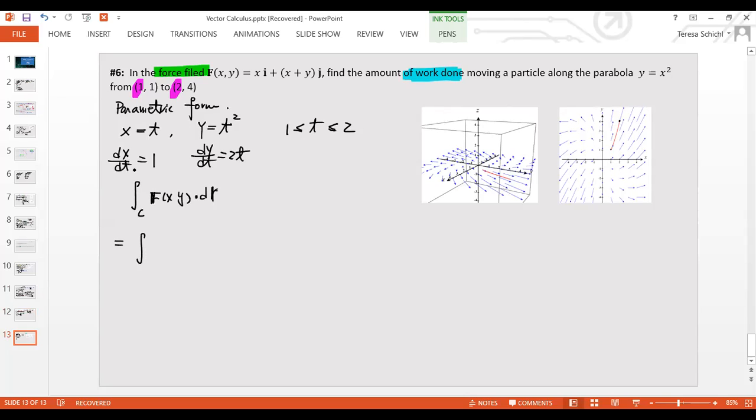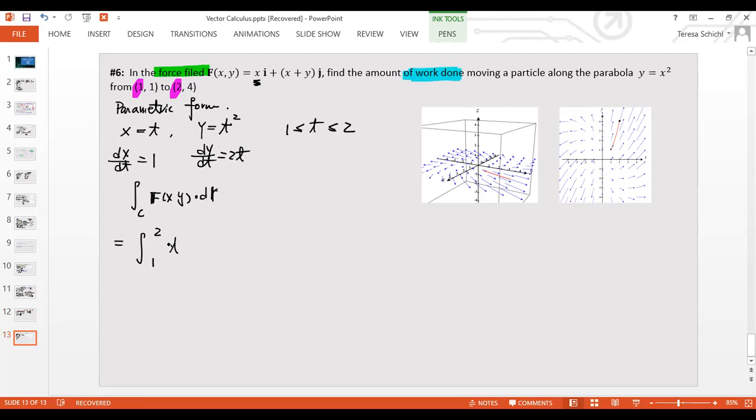Now let's change that to t's, with t from 1 to 2. I'm plugging in x, so the parametric form x equals t.